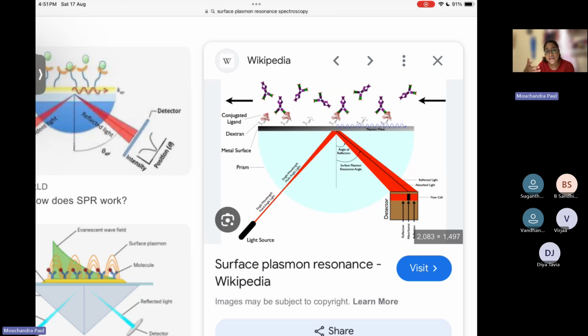Your reflectance, meaning less and less light, will now reflect back. The surface has become much denser. So in this way, indirectly, by the change in the optical properties of your surface, the conjugation between antibody and antigen is taking place. So this type of characterization of surface property is called surface plasmon resonance, that indirectly measures through change in optical property the protein adsorption on the surface. Okay.